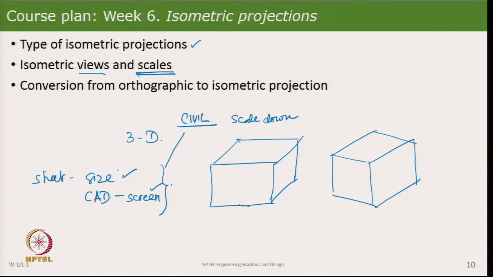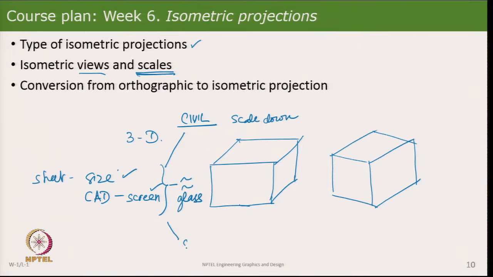And then there could be some objects which are about the same size as the sheet, for example, a glass or a tumbler or a spoon. I can show that exactly and nicely on a drawing sheet. Then I do not have to change the scale on which I am showing it.